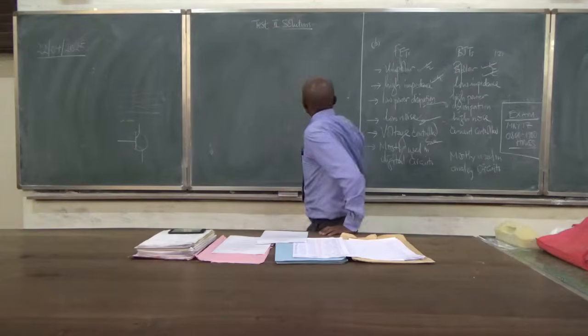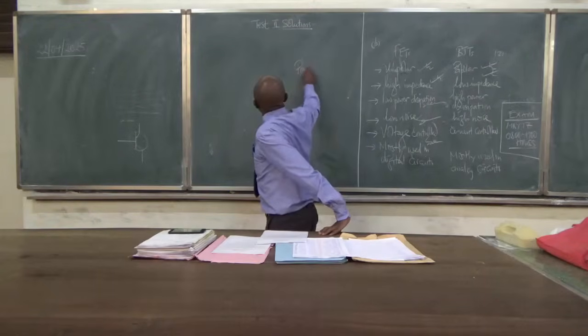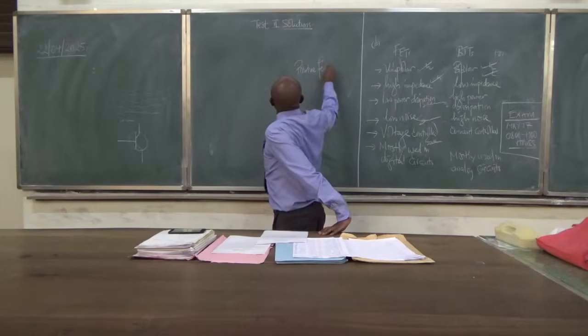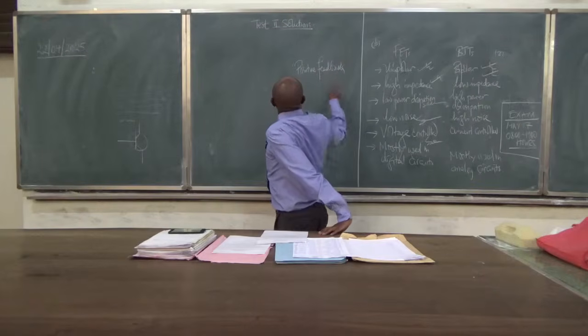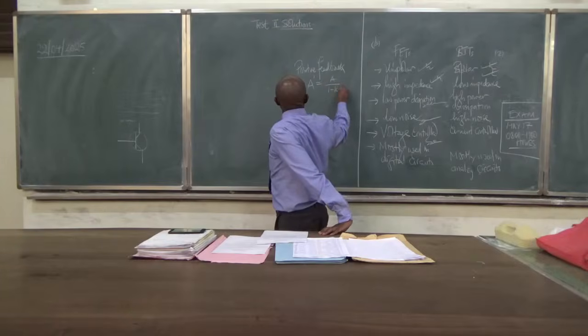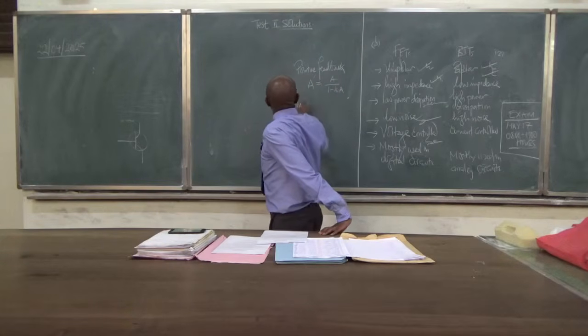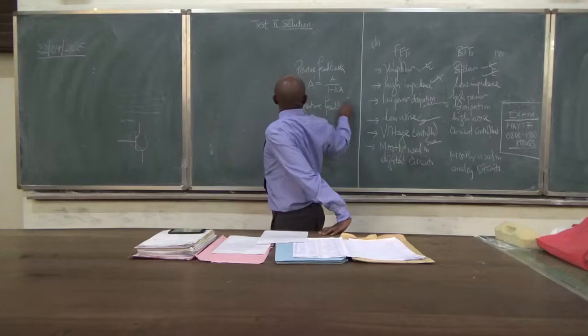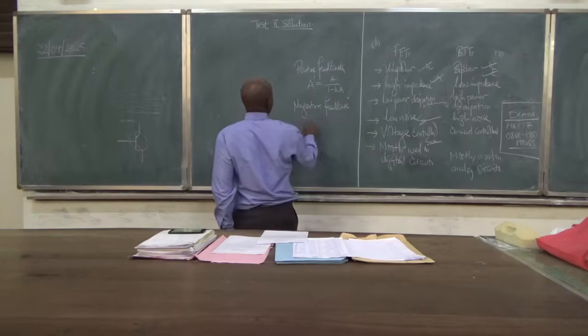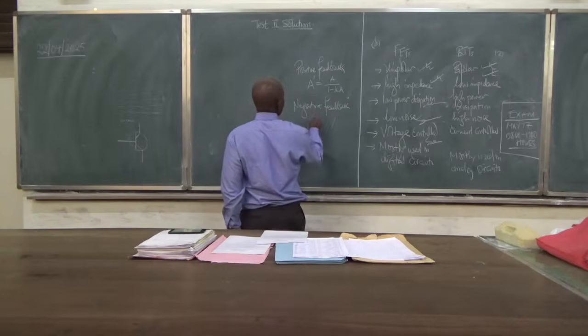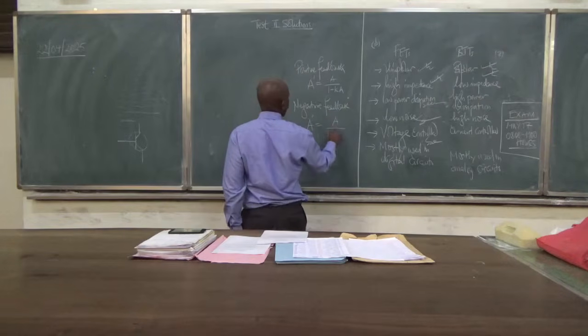I only needed you to say positive feedback is A prime being the same as A over 1 minus KA, and then negative feedback is A over 1 plus KA.